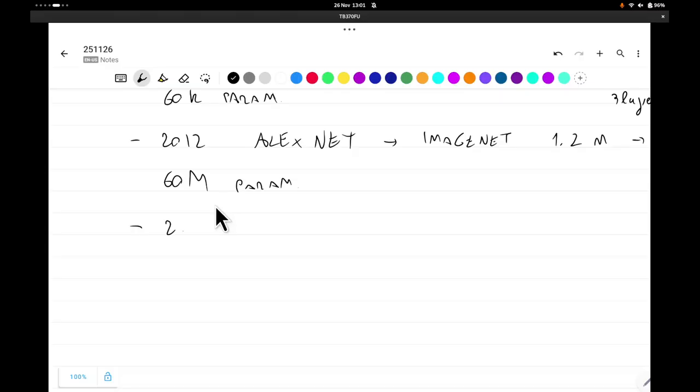The conceptual change was in 2015 with another network that you might hear about and could be useful also for microscopy images and so on. It's called ResNet.